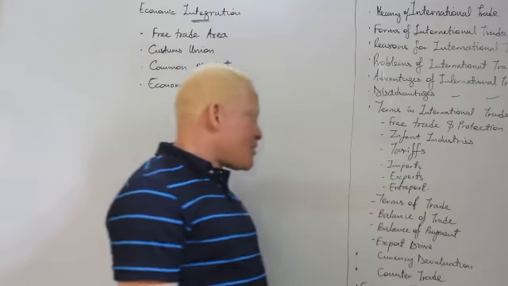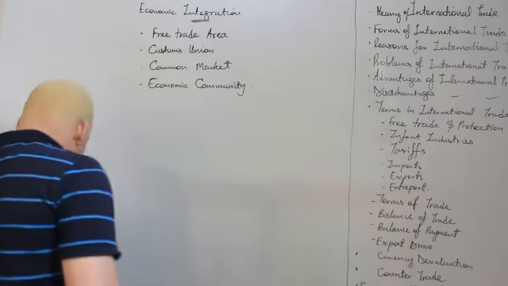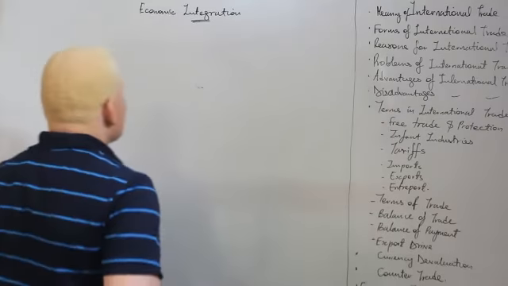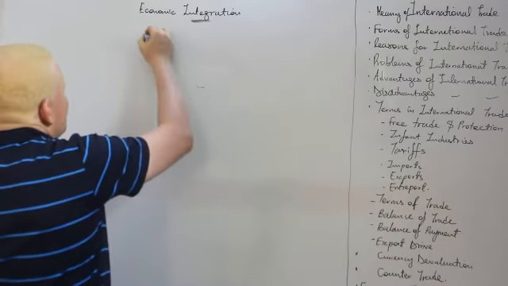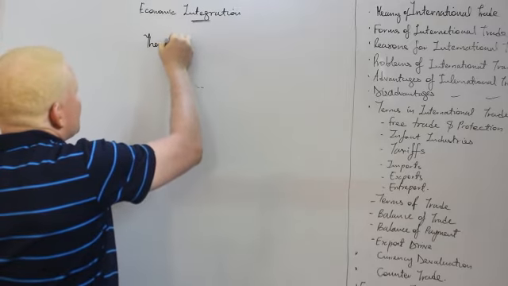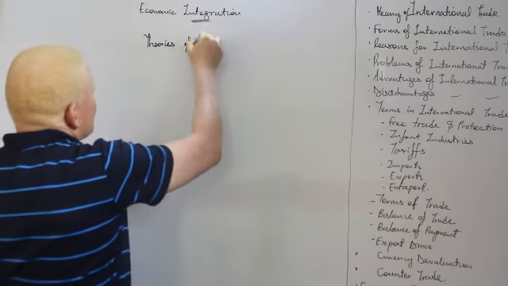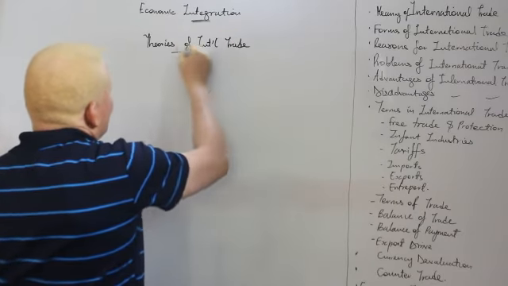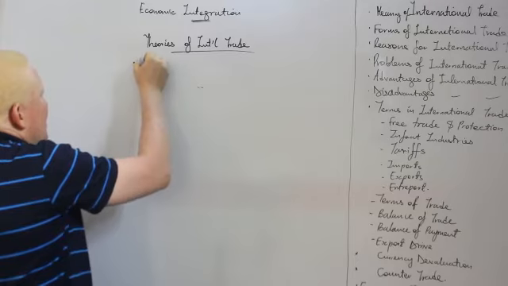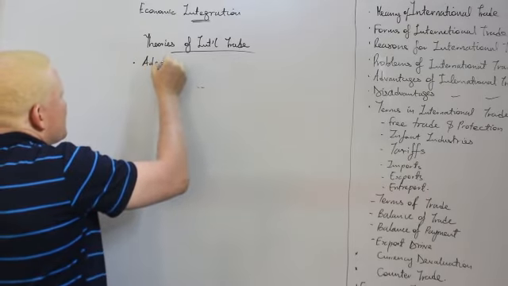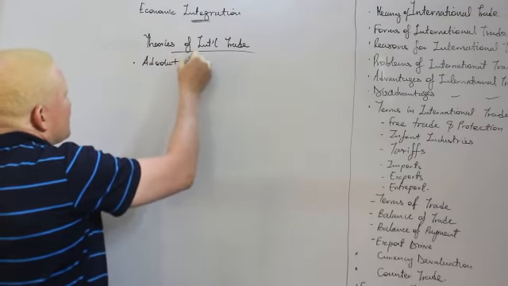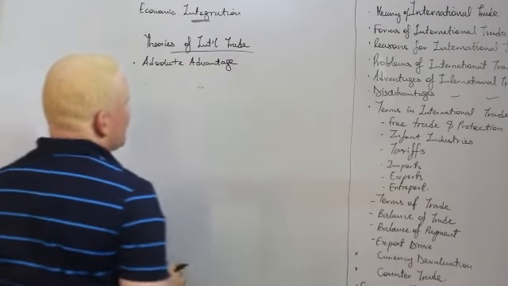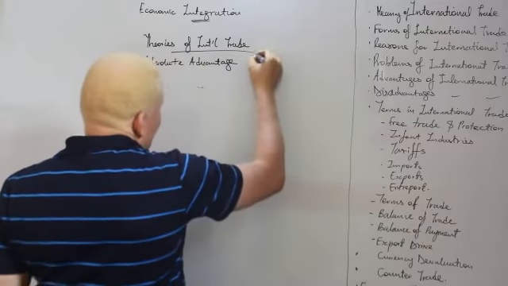That brings us to the theories of international trade. We have the theory or concept of absolute advantage by Adam Smith.